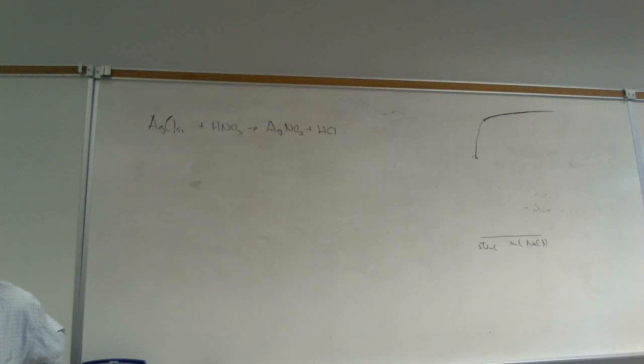And adding HCl would do what? How could that help then? Adding HCl would seem to actually make it less soluble, because adding HCl would be the common ion effect, and that would actually appear to make it less soluble.